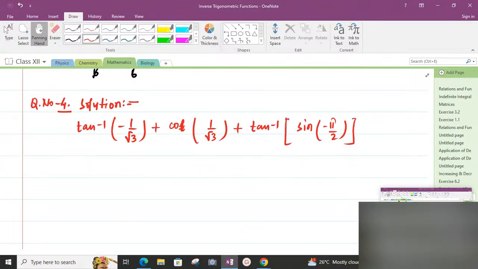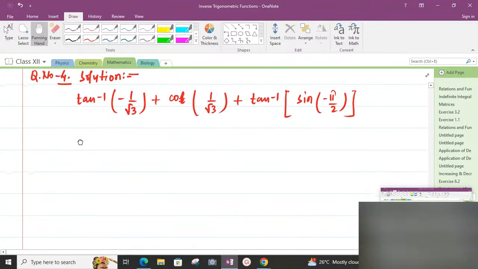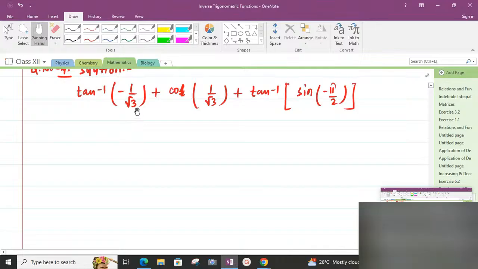So let's see. We know that the value of tan theta lies between minus pi by 2 to pi by 2, and so on for cot inverse. So let's see what is the value of sine minus pi by 2.